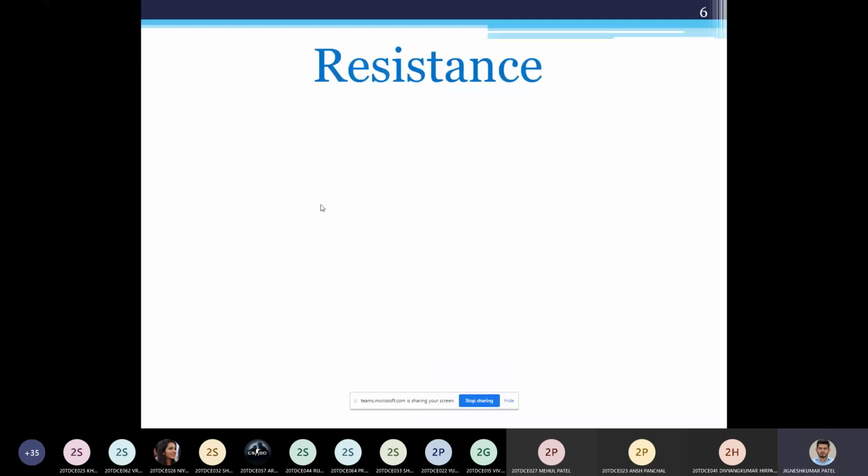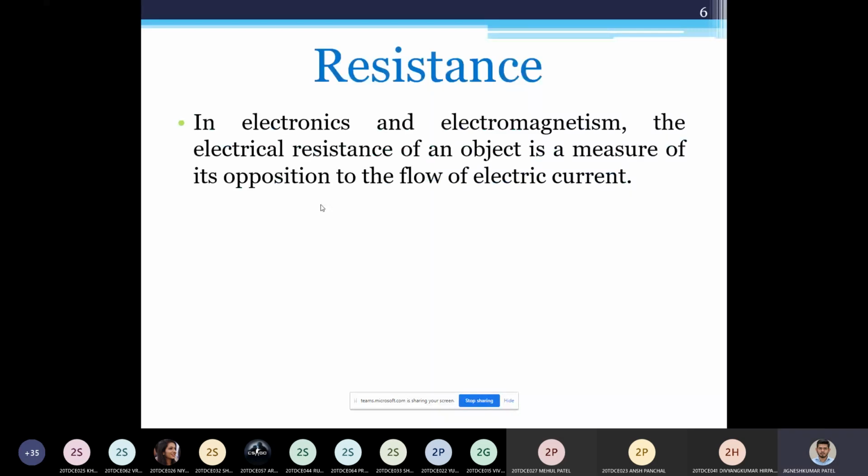Then we studied resistance. What is resistance? It is basically a property of a material to resist the flow of electrons, known as resistance.